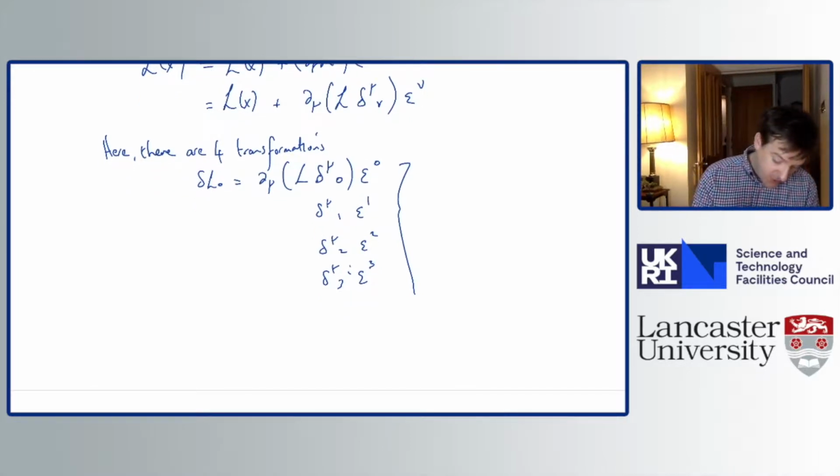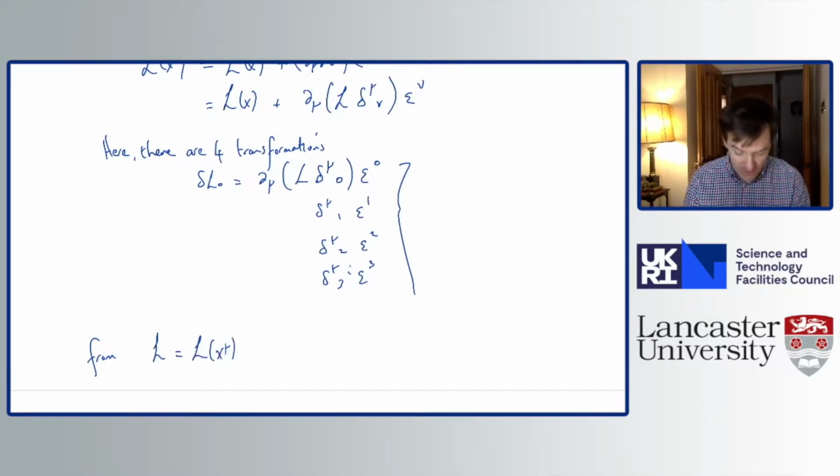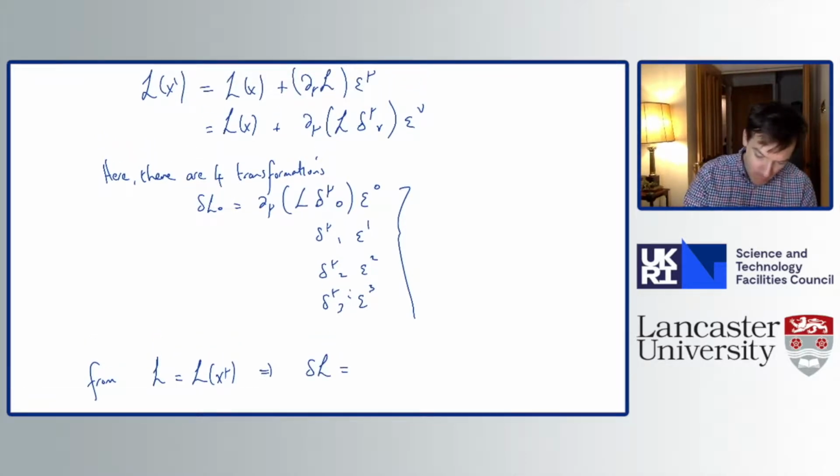To get the actual mathematical form, we need to consider delta L. From assuming that L is a function of my space-time points, we've already shown above that delta L can be expressed as d mu of L delta mu nu epsilon nu.